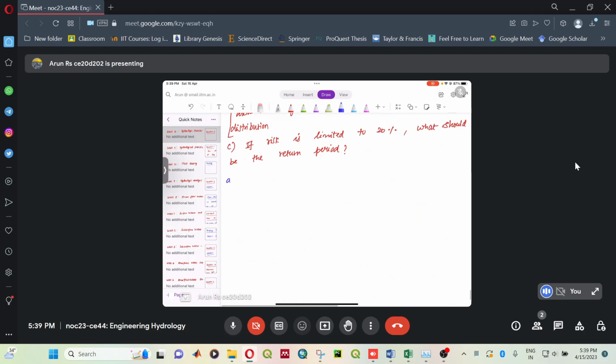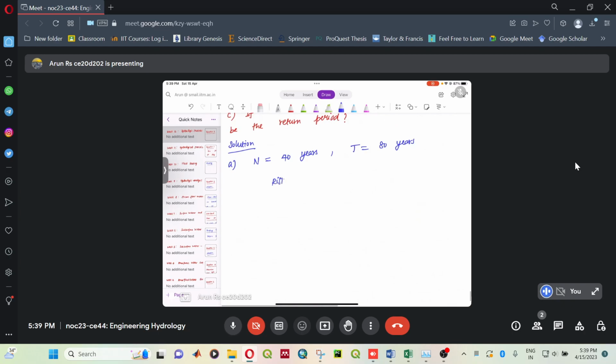So part A of the question. N is 40 years, which is the lifespan of the structure, and the return period is given as 80 years. So we need to find out what is the risk.